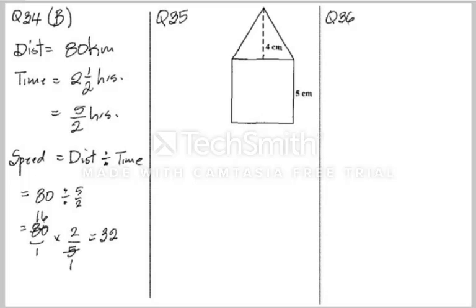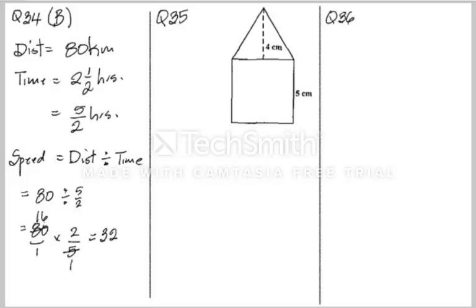All right. Question number 35. This says the length of one side of the square is 5 centimeters and the height of the triangle is 4 centimeters. What is the total area of the figure in centimeters square?